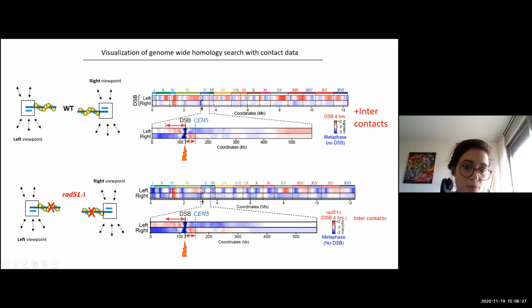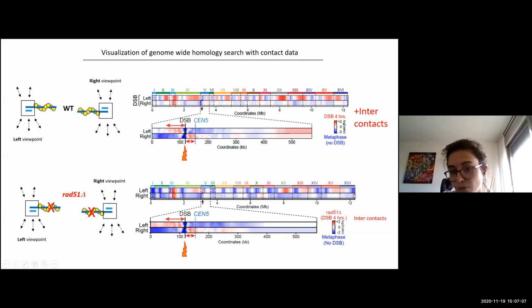In cis, which represents the majority of the contacts, you can see that the exploration is limited to the vicinity of the break and done in a site-specific way. I mean by that the left is more contacting the left and the right more the right. The increase of contacts made by the double-strand break and the inter-chromosomal sequences seems to be dependent on Rad51, because in the absence of Rad51, 4 hours after double-strand break, we don't observe such an increase of contact.